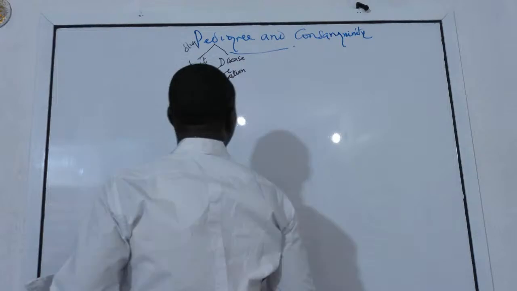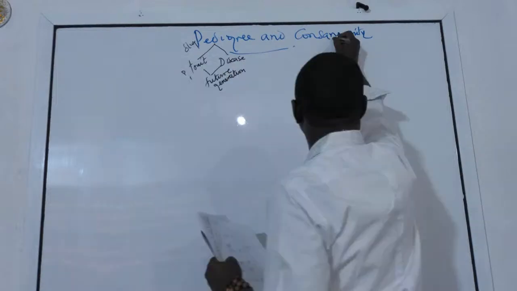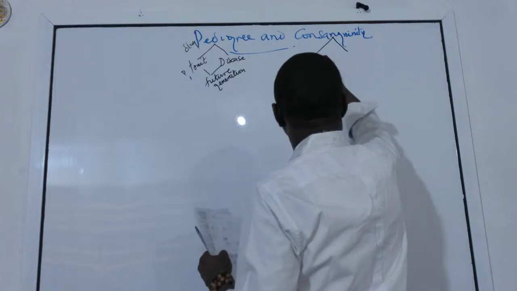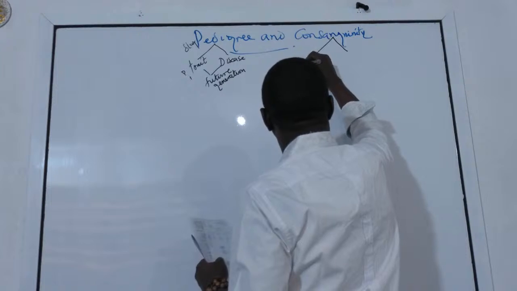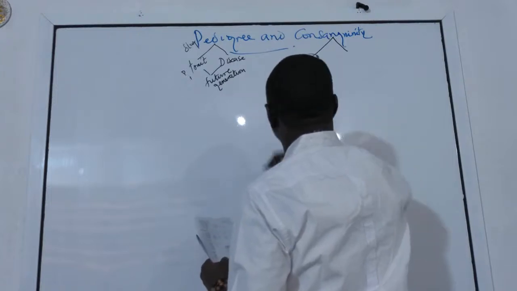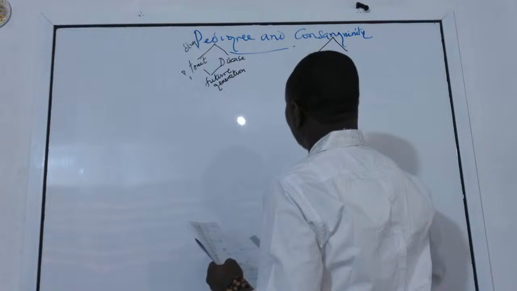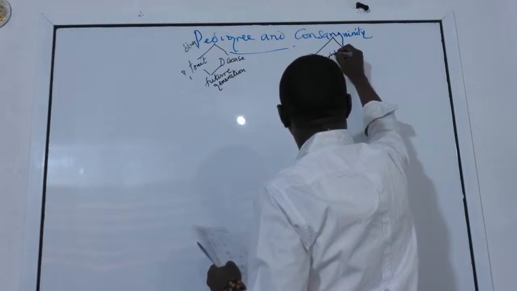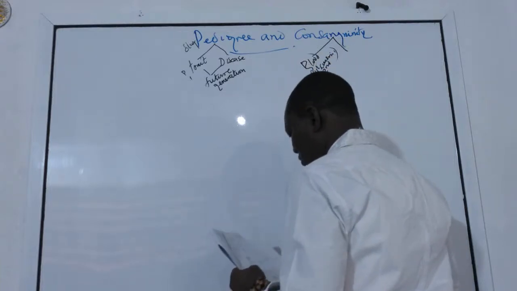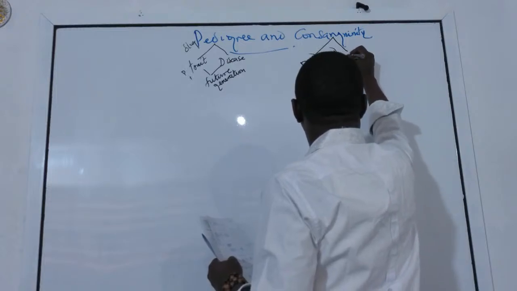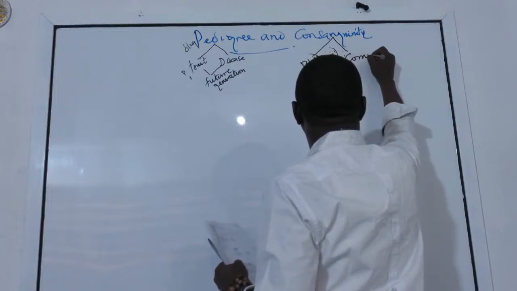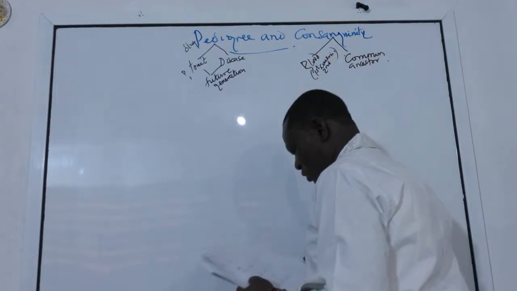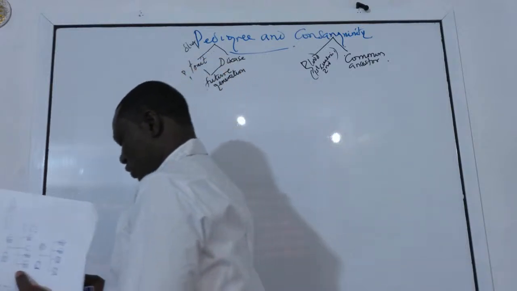Consanguinity, or consanguineous marriage, is marriage between two individuals who are related by blood. It could be first cousin or second cousin, and those who share common ancestors.